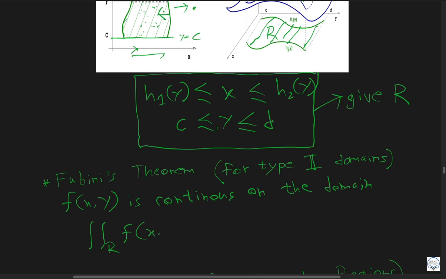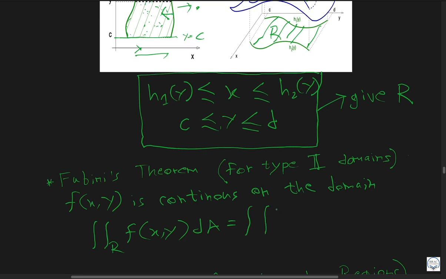The idea is very similar to Fubini's theorem on type 1 domains: the double integral on a region R of f of x comma y times dA is equal to a combination of integrals of one variable. For type 2 domains, we do the x integral first and then the y integral, and we'll write down the x limits over here.